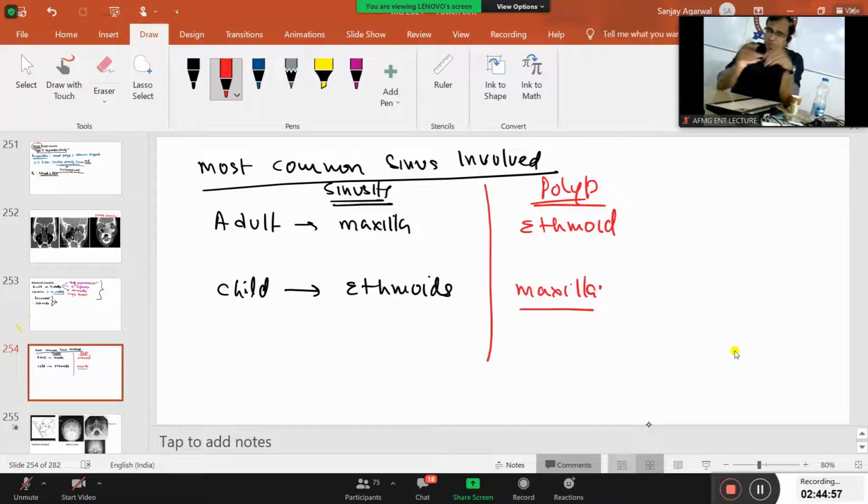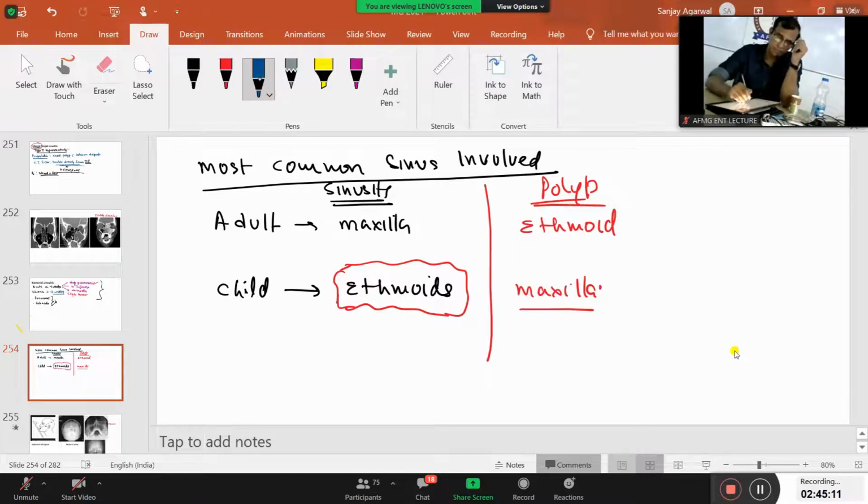Now you might wonder, why is ethmoidal sinusitis more common in children as compared to maxilla or frontal or sphenoid? What is the reason for this? Remember, which is the first sinus I told you which starts to develop? Maxilla. And which is the first to complete?